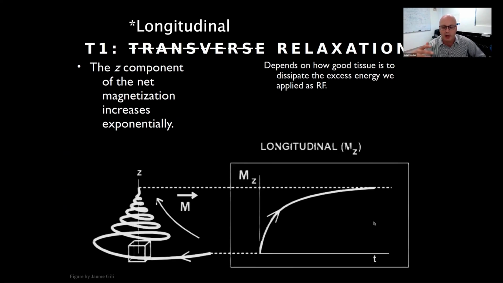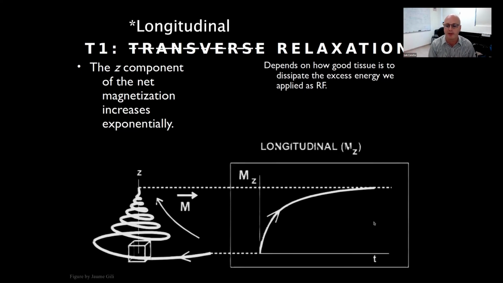And that all depends on the ability of the tissue to dissipate the excess of energy that we deposited in the form of RF, radio frequency. And as you can imagine, fatty tissues like white matter, like fat, will dissipate this excess energy much faster than water can.